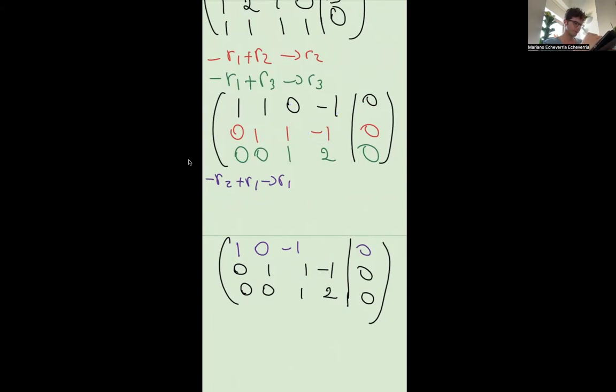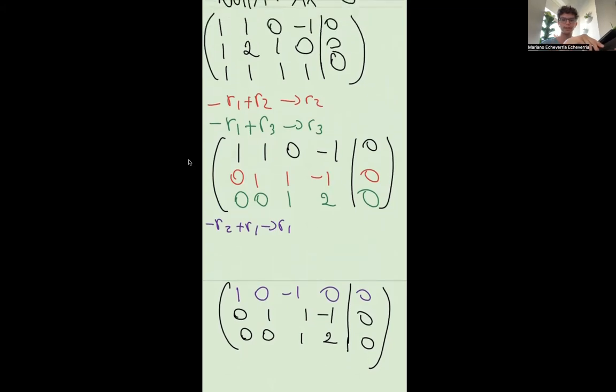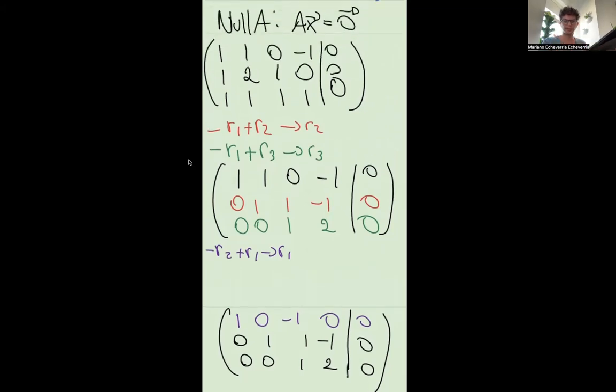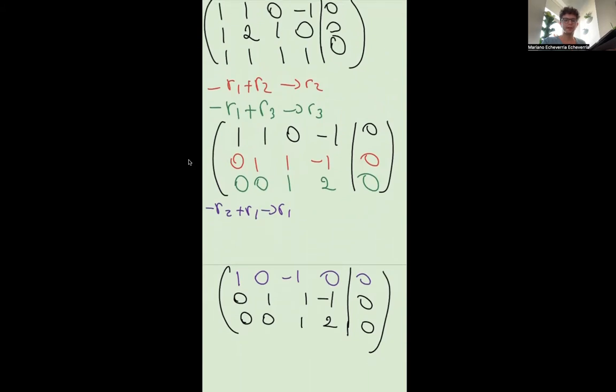I just wanted a 0 in here, right? So I had to do minus row 2. Is that making sense? Oh, okay. I see what happened. Yeah, you're right.